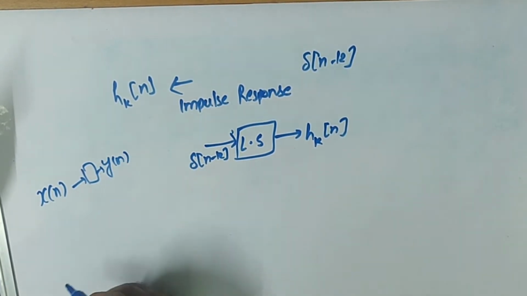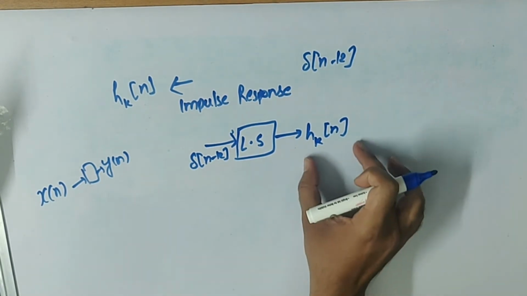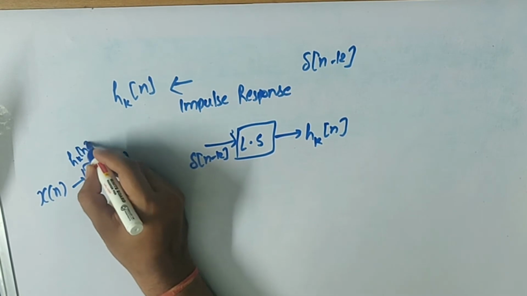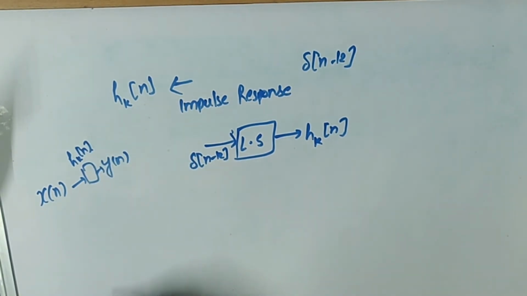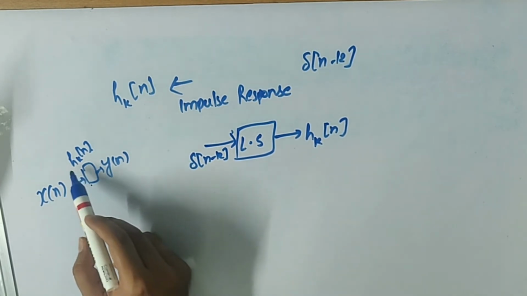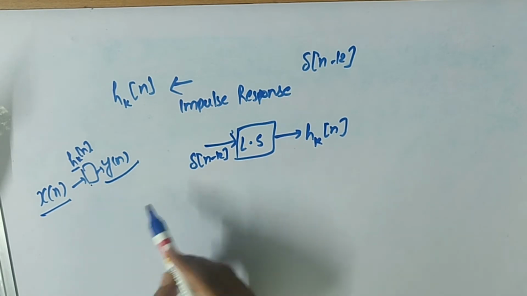How can we write y[n] if we know that the impulse response of this system is h_k[n]?